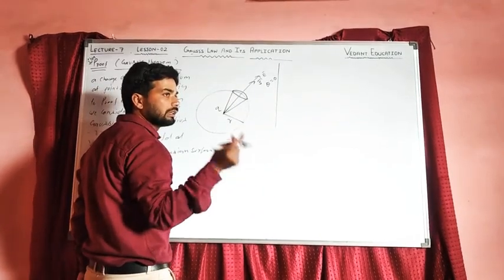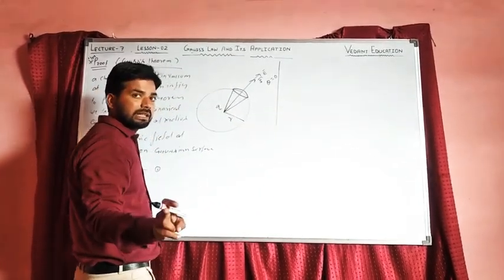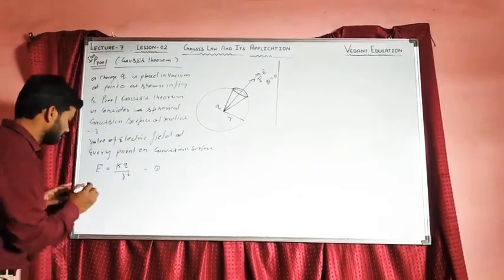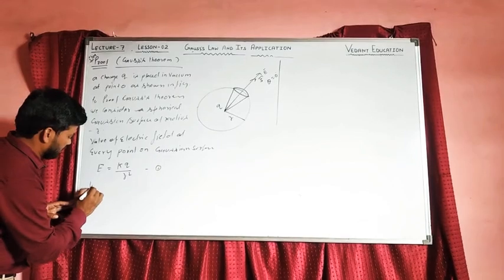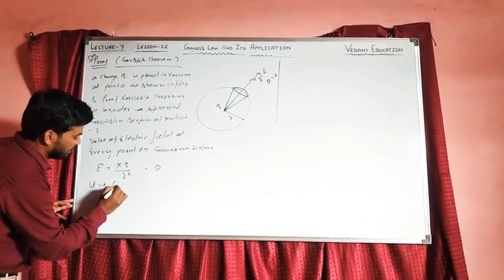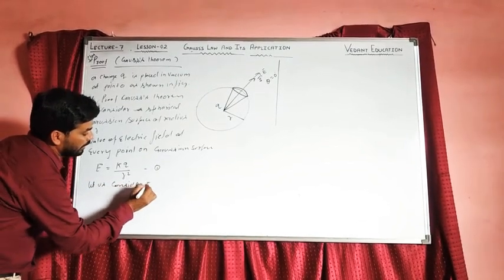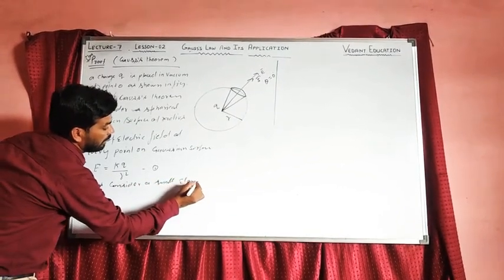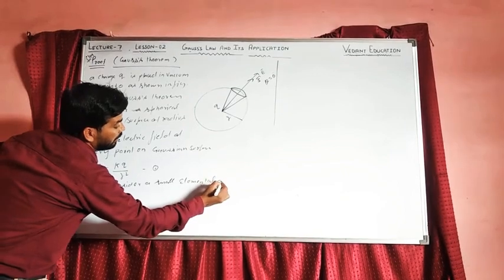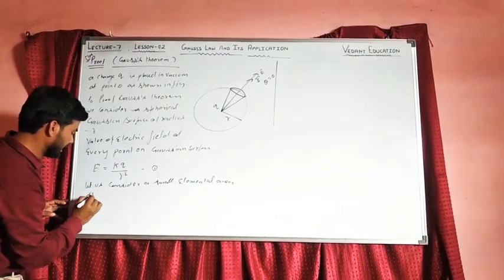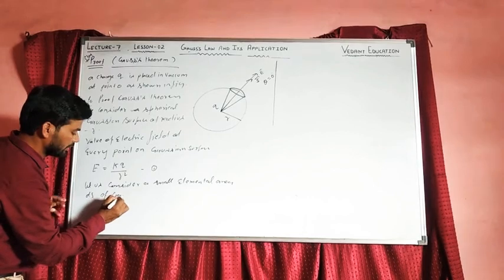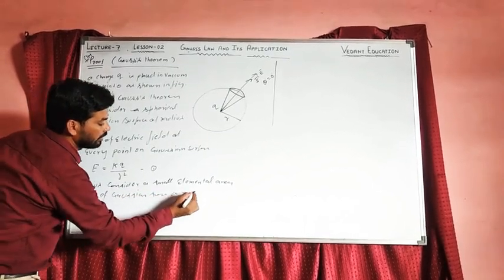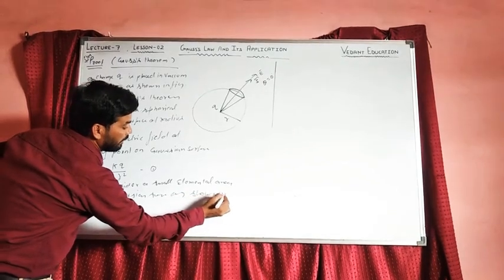What is theta? Theta is the angle between the area vector and the electric field vector, right? Let us consider a small elemental area ds of the Gaussian surface as shown in the figure.